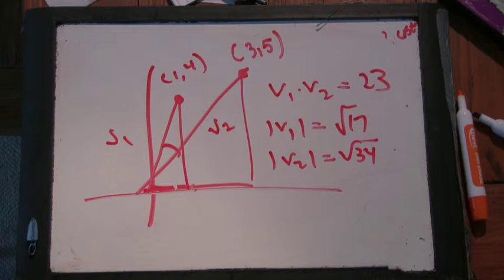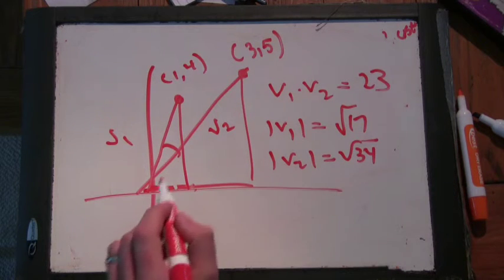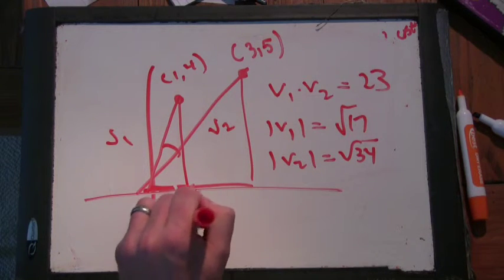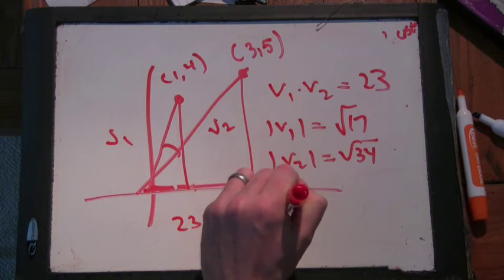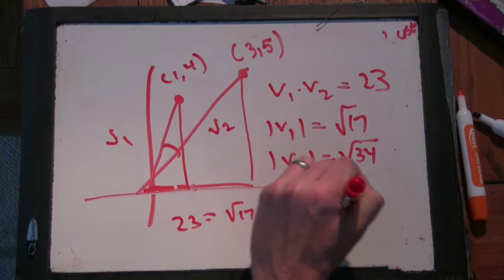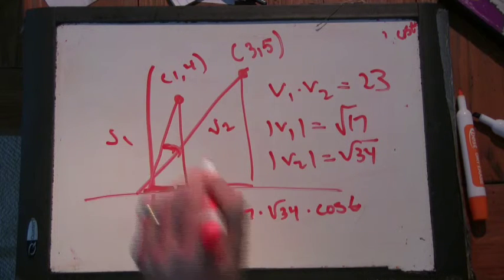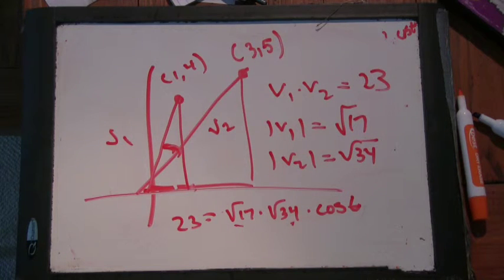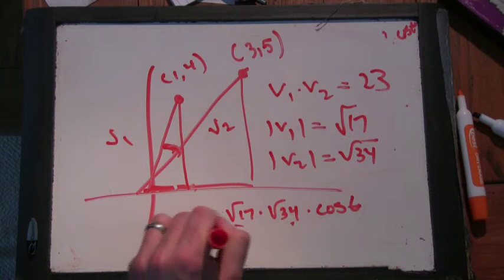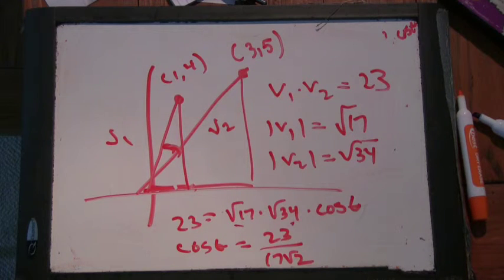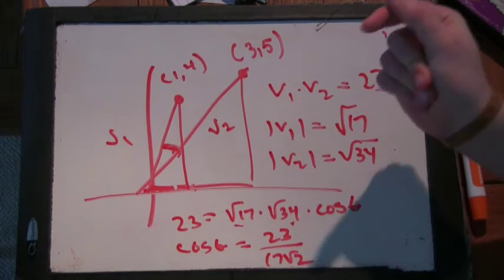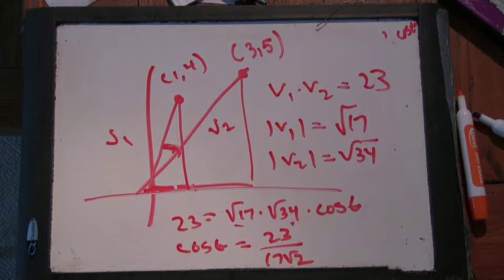All right, so we have 23 equals root 17 times root 34 times cosine of the angle between them. What's root 17 times root 34? 17 root 2. Okay. So cosine theta is 23 over 17 root 2.